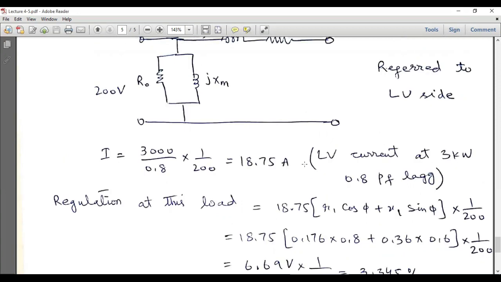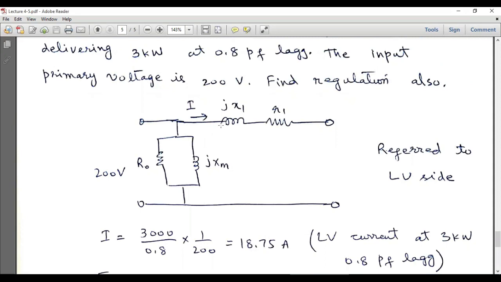To calculate the voltage regulation, we have to divide this voltage drop by the no load voltage. This voltage drop is actually V no load minus V full load. Here we have V no load and here we have V full load, and their difference gives the voltage drop across this series branch.